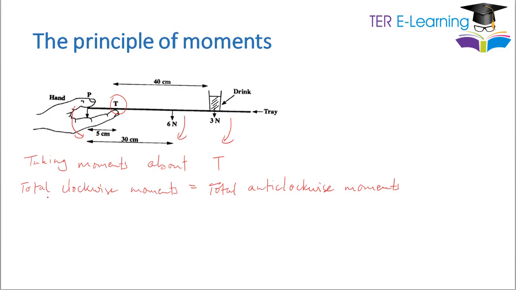So all the clockwise moments will be, let's start with the 3 Newton. So this is 3 multiplied by my perpendicular distance, which is 40 cm. We can work in cm or meters, it doesn't matter.